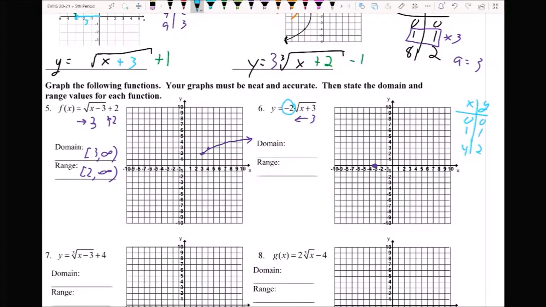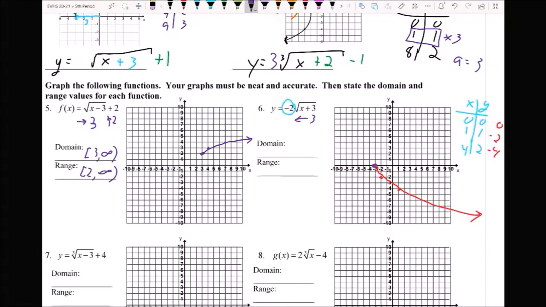So we're going to be basically multiplying all of our y values by -2. That's still 0. 1 times -2 is -2. 2 times -2 is -4. So from this point, we're going to go down to right 1, down 2, right 1, 2, 3, 4, down 1, 2, 3, 4, and there is my parabola.